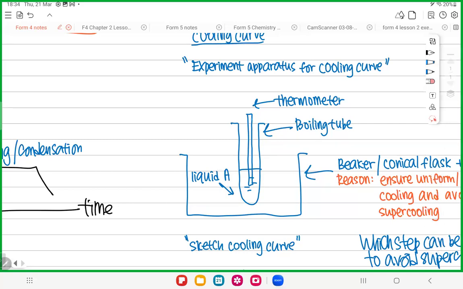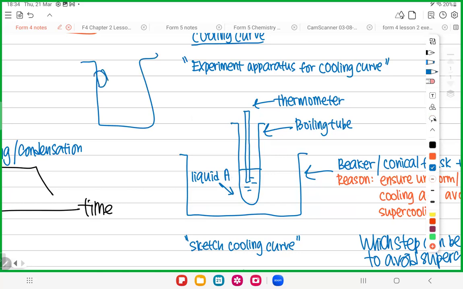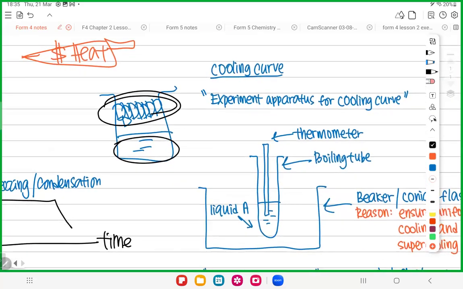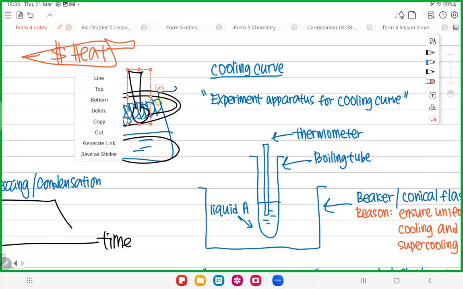If you didn't stir, what happened? Your Milo ice, here got many ice cubes, here is your Milo. So maybe this part is very cold, this part not so cold. Am I right? So if you take a spoon or a straw to stir a bit, then the whole Milo ice, the temperature is the same. So the cooling process will be more uniform.